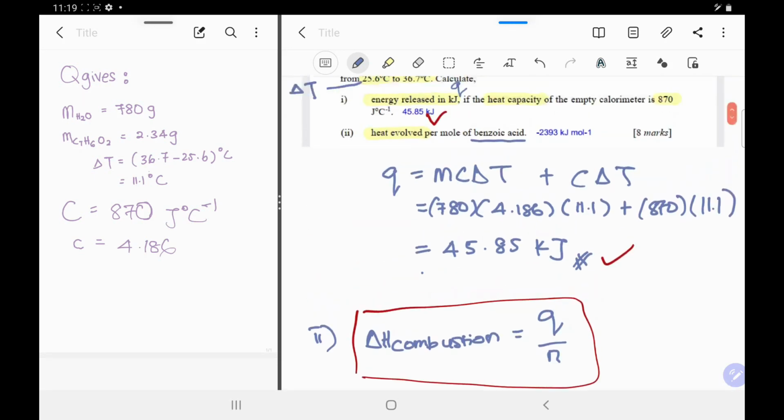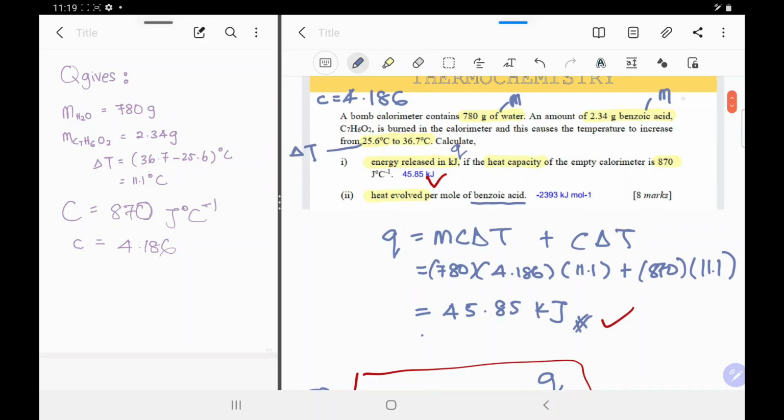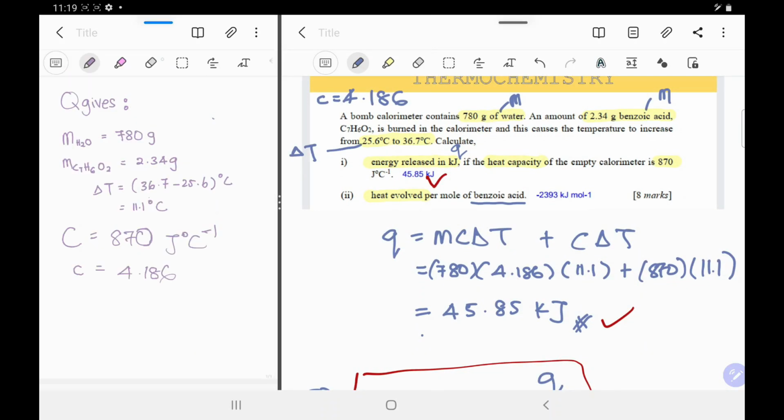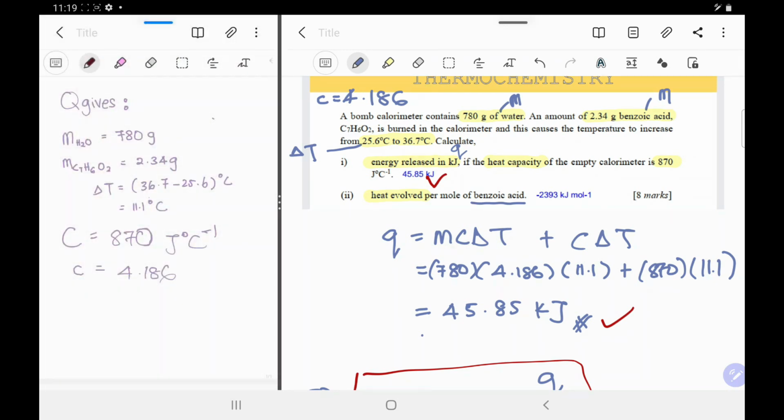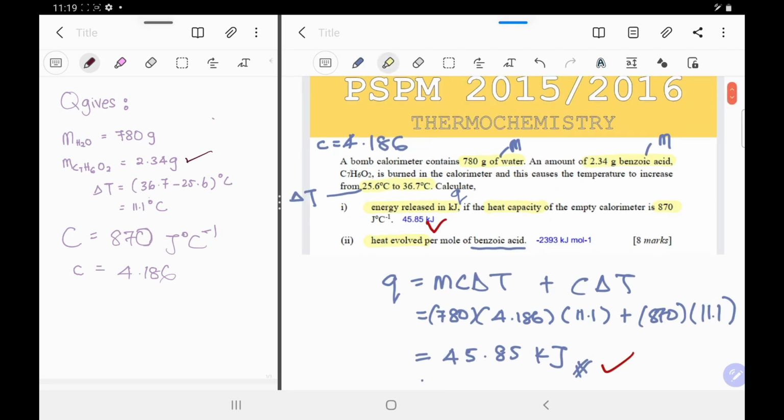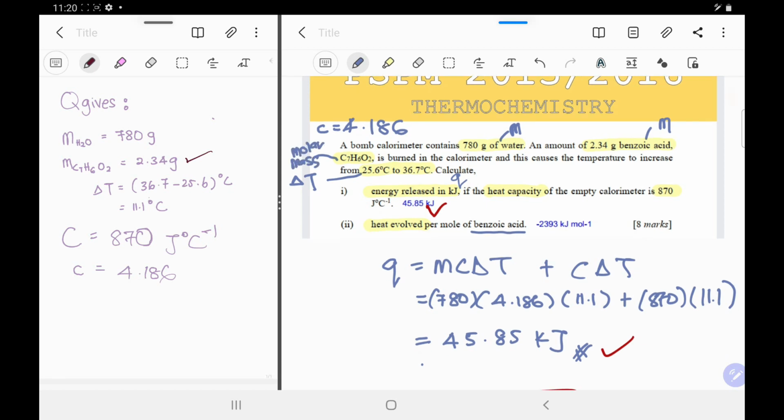Since in our list of information the questions already give the mass of benzoic acid, and we can see in the questions it gives the molecular formula, the molecular formula over here we can use to find the molar mass, right?